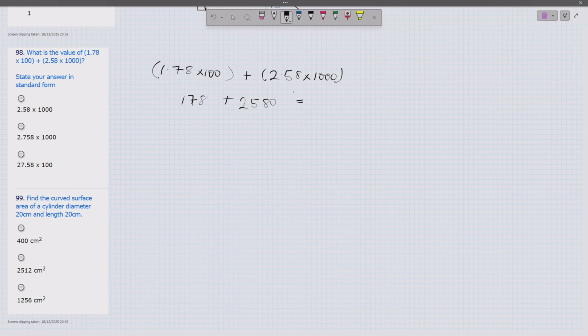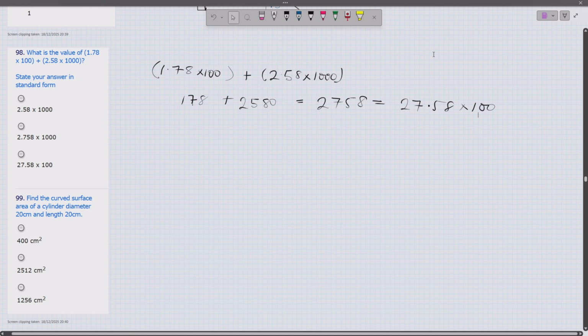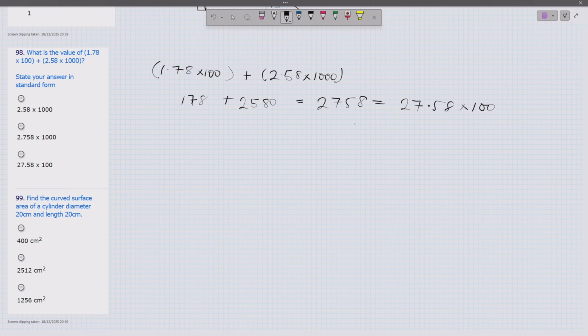So when you add this, you're going to get 2758, and this can be rewritten as 27.58 times 100. But to put it in standard form, it becomes 2.758 times 1000.